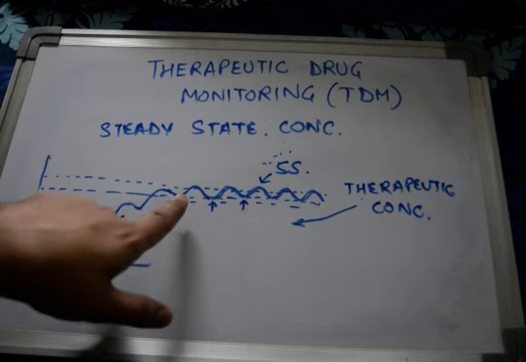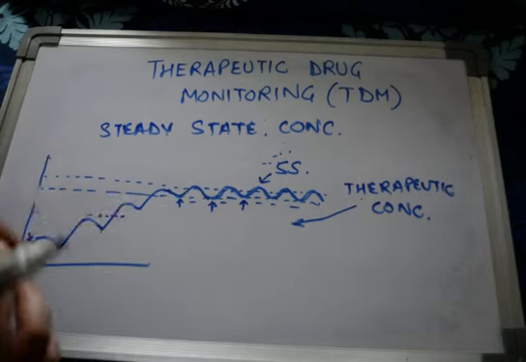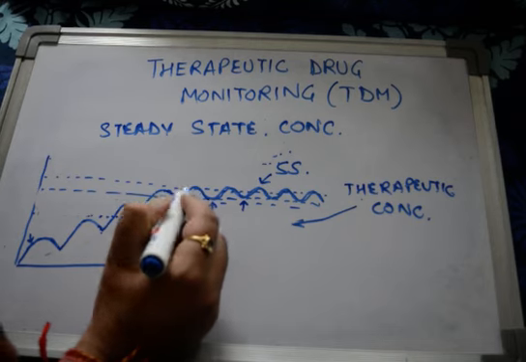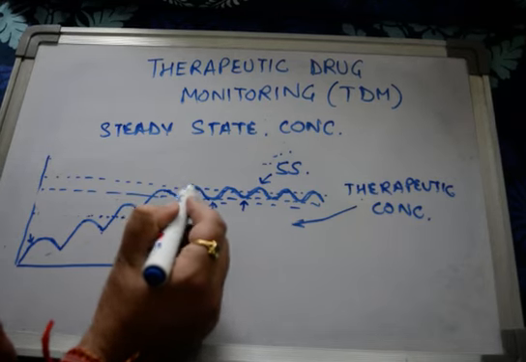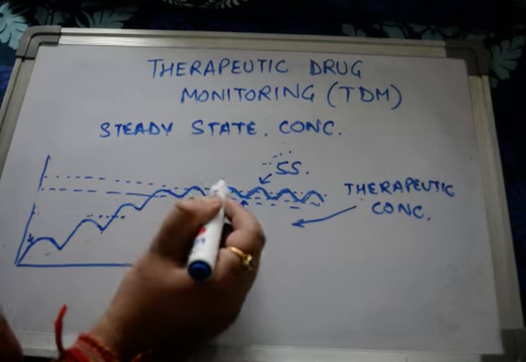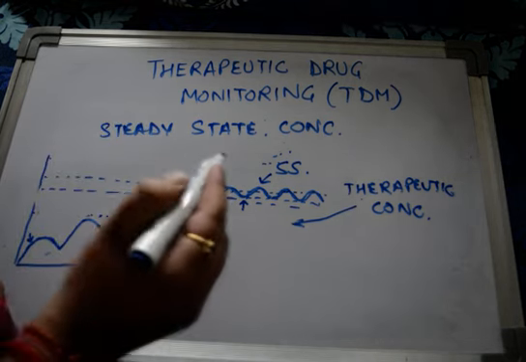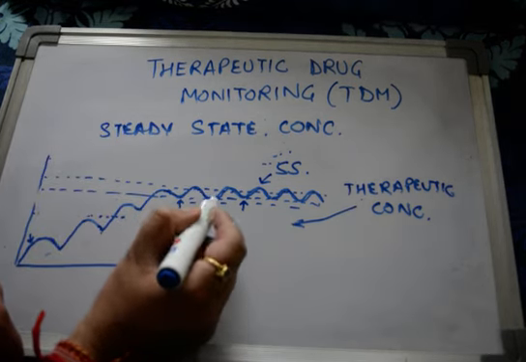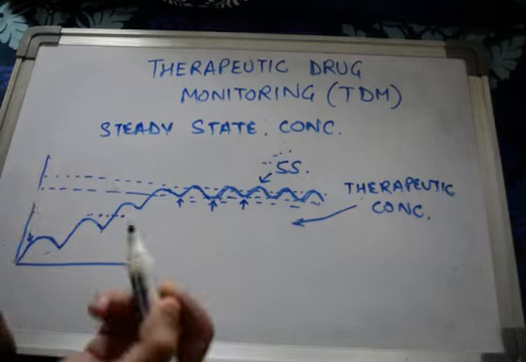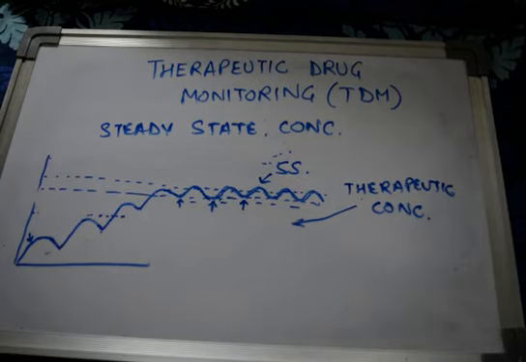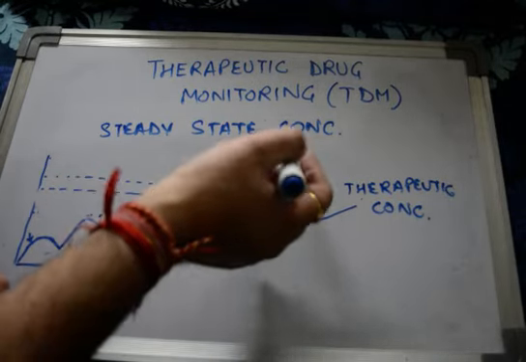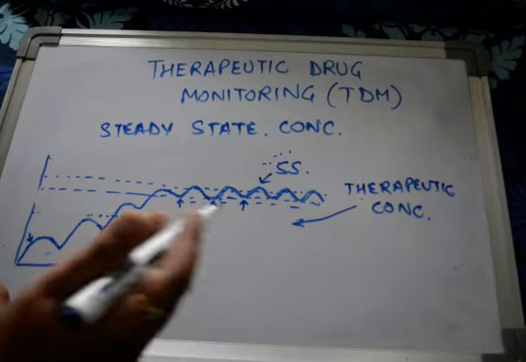Getting my point? So whenever we give the drug, we expect the concentration to go up, and it might just cross the toxic limit. And when it goes down, it might just go below the therapeutic concentration. So it may lead to toxicity, and it may also lead to therapeutic failure.